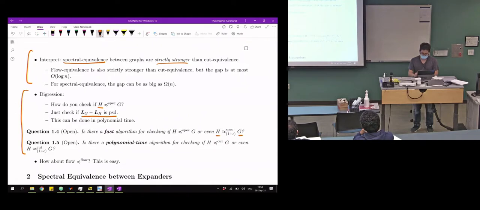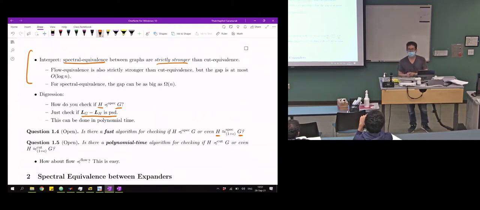Or checking if H and G are equivalent up to some factor approximately, that's not known either, in near linear time or sub-quadratic time.